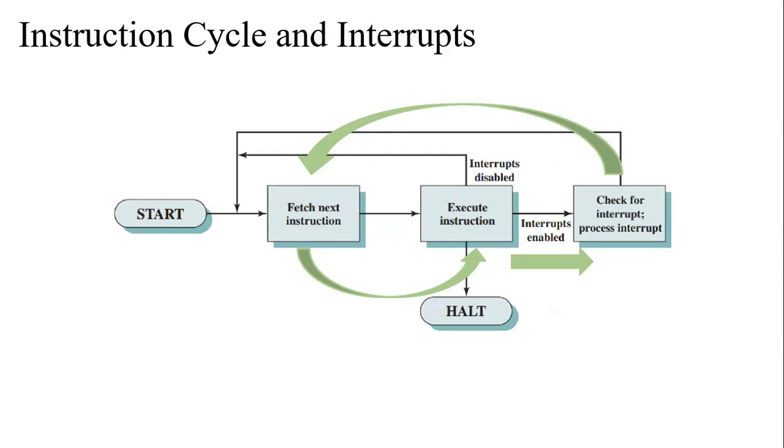If there are no interrupts, it will come back and fetch the next instruction. There can be interrupt enabled and disabled states as well. If the interrupts are disabled, again, it will act as if there are no interrupts. So once the execution of the current instruction completes, it will go fetch the next instruction, right? Again, this is not that complex.